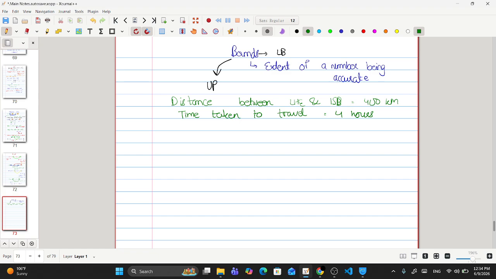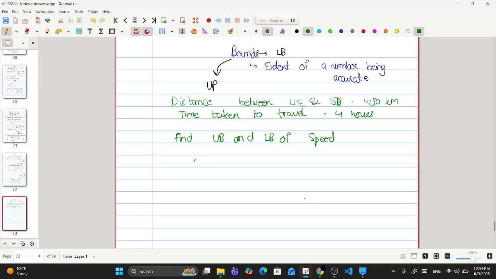But what if we wanted to calculate the upper and lower bound of the distance or the speed, or for example the time taken? There are a few methods to it. First things first, do you know the formula which relates speed, distance, and time? Speed equals distance over time. The question says find the upper bound and lower bound of speed.